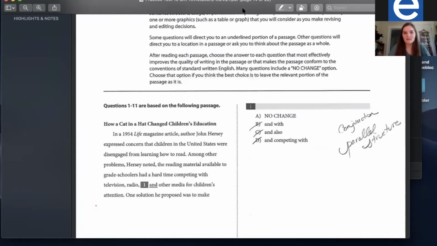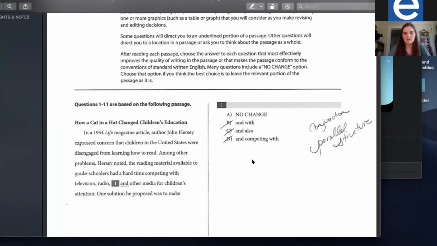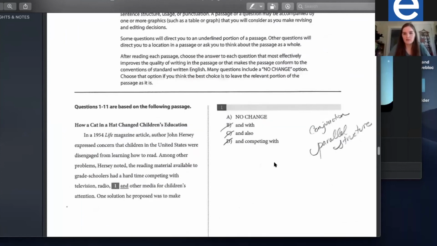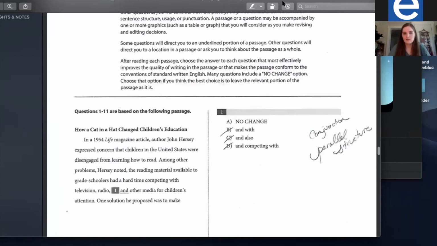Does everyone see practice test 10 annotations up here with my annotations on it? Okay. All right. So looking at question 1 from practice test 10, the first question deals with conjunctions.